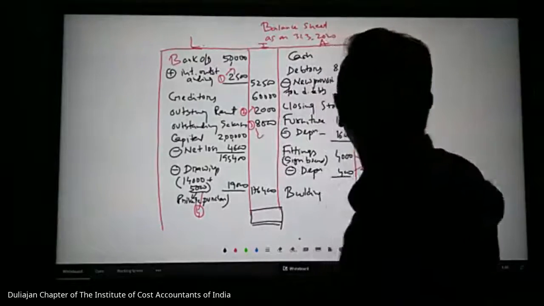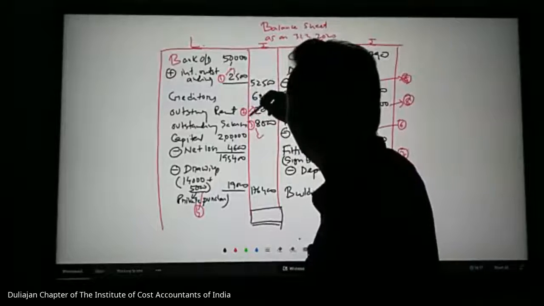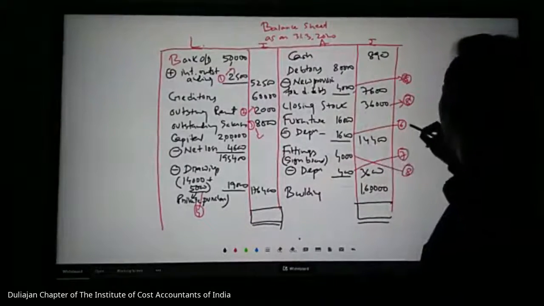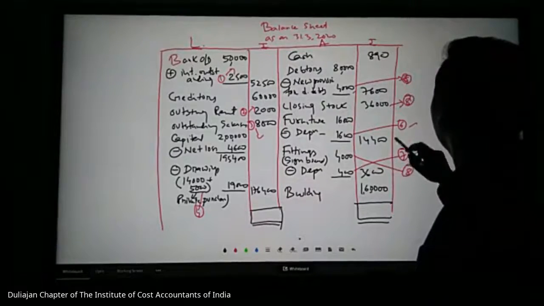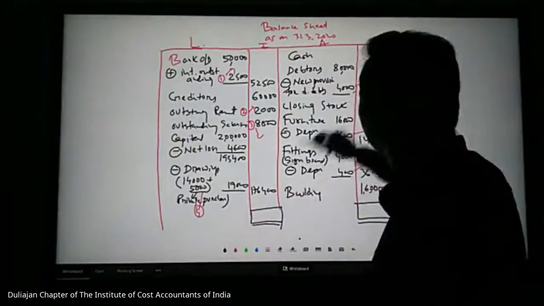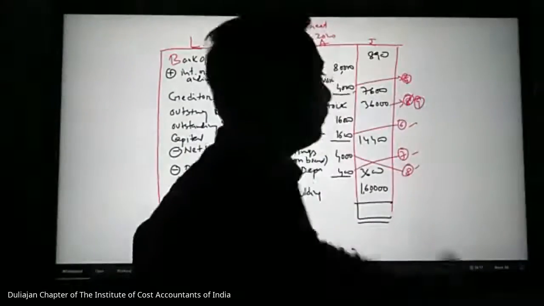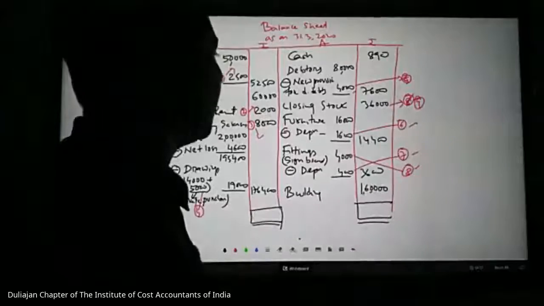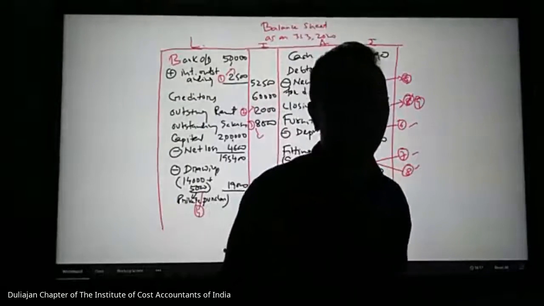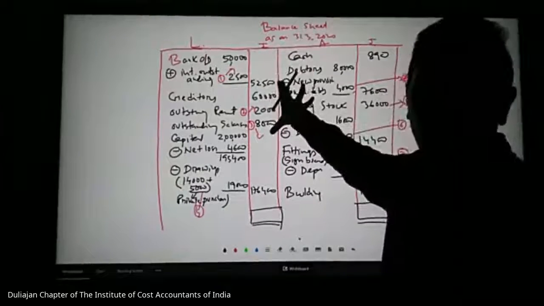Adjustments 1, 2, 3, 4, 5, 6, 7, 8, 9. You can see all the adjustments and you can find out that all the adjustments are reflected in the balance sheet.